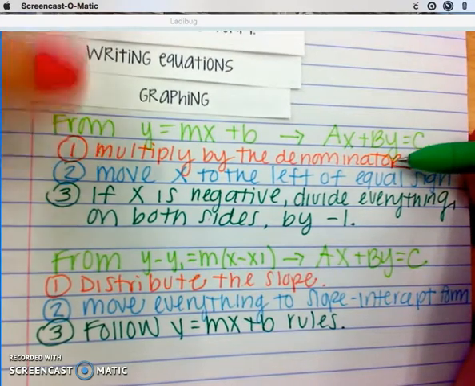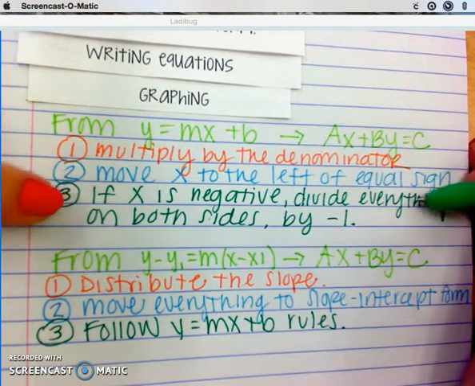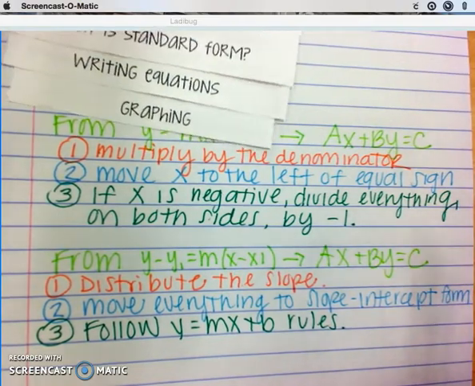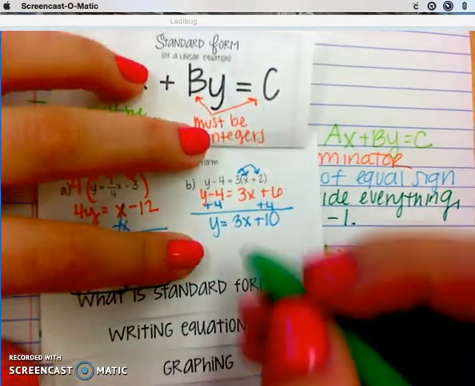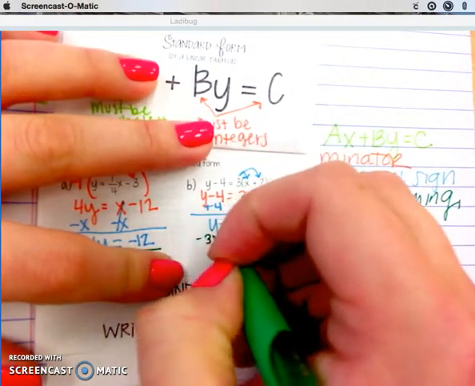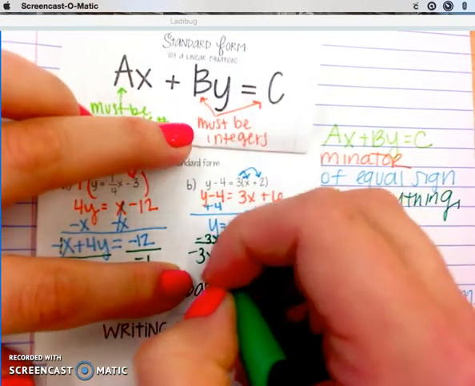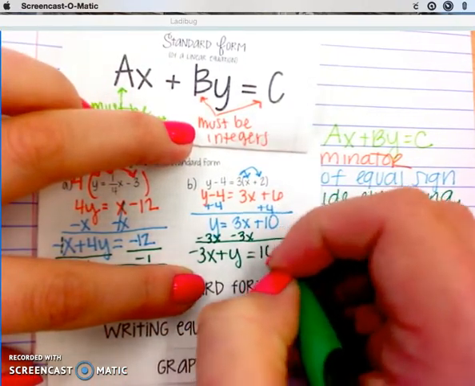So now, do I have a fraction? You'd multiply by the denominator, then move the x, and then if there's a negative, divide it out. So, I don't have a fraction, so I'm going to move over the x. Negative 3x plus y equals 10.